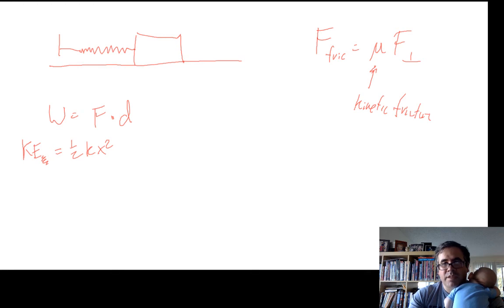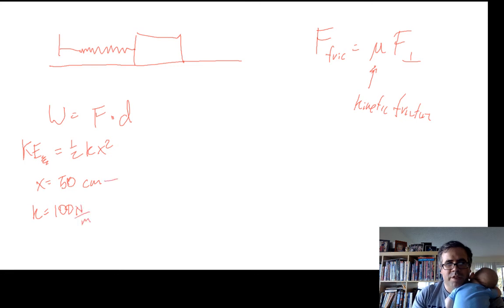Okay, so that's where it begins. So that's a good start. So let's make sure that we got the start. So you have x equals 50 centimeters, k equals 100 newtons per meter.